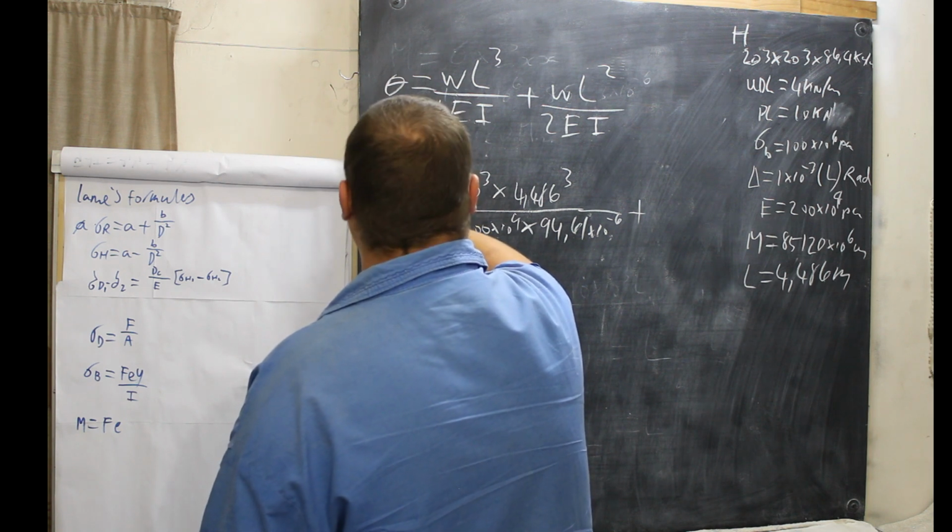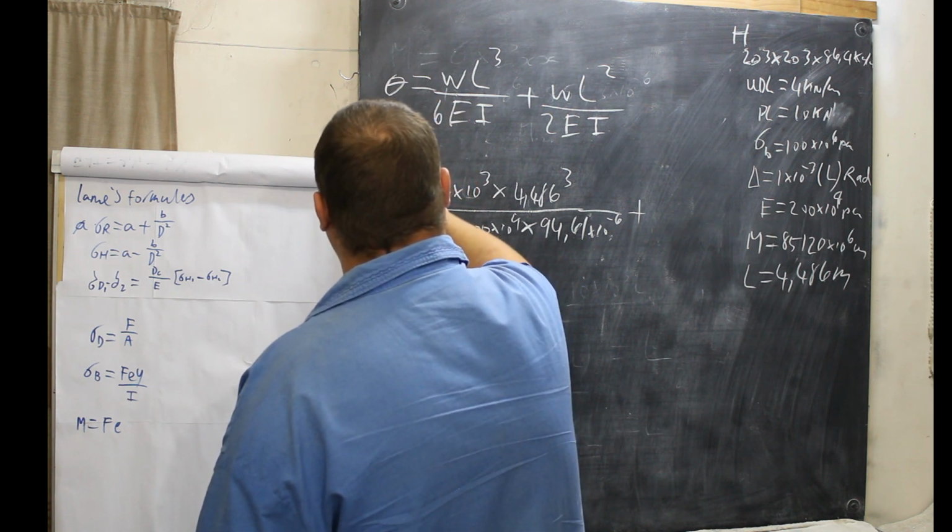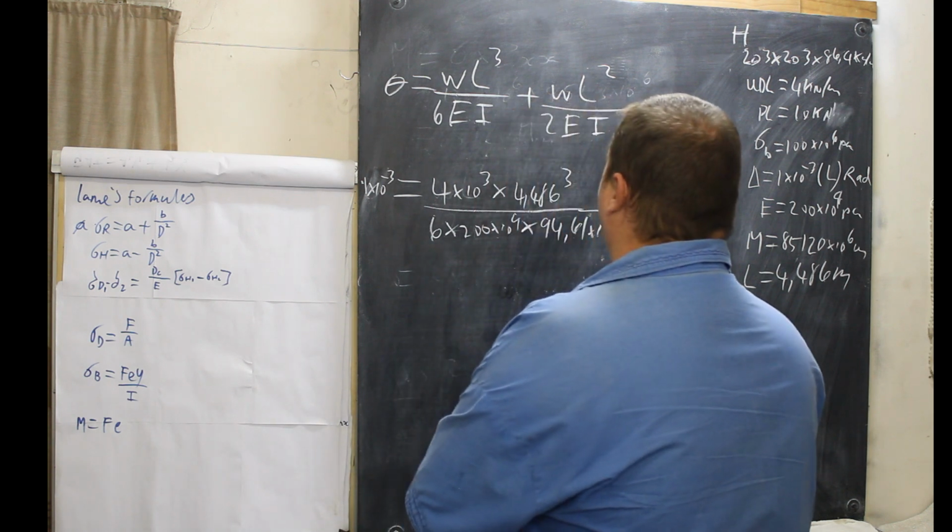So our deflection is 1 times 10 to the minus 3 per unit length.